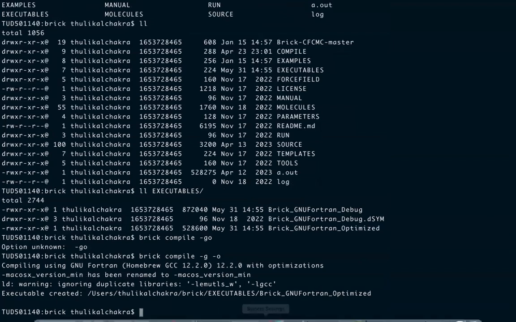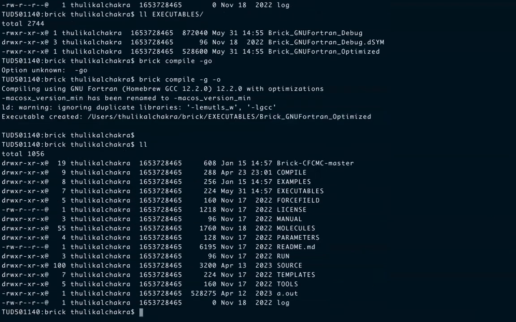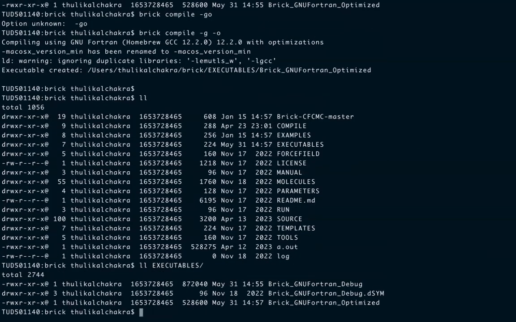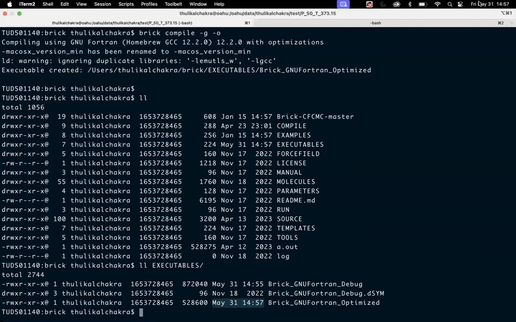As you see, you now have the executable called Brick GNU Fortran optimized, and you can check that it is indeed the one that was generated because of the command that I ran now. It says May 31st at 2:57, and it is in fact the time right now.